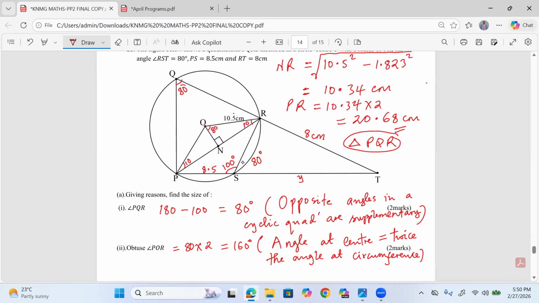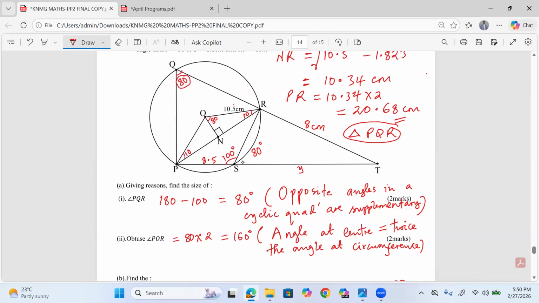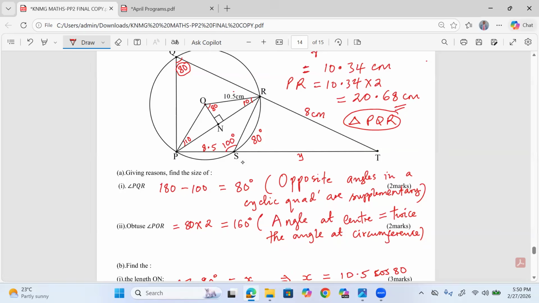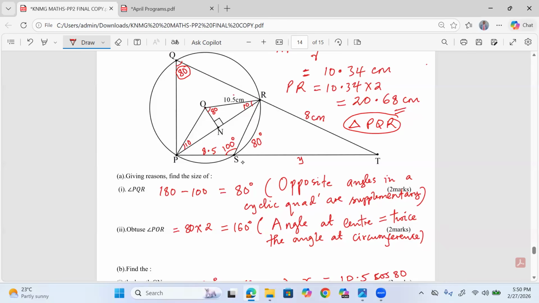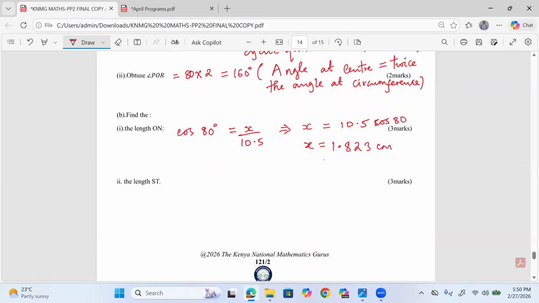We already have 80 at this point, and we have the opposite length. So PR over the sine of the angle at Q.